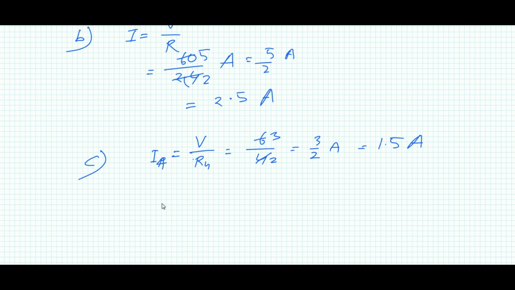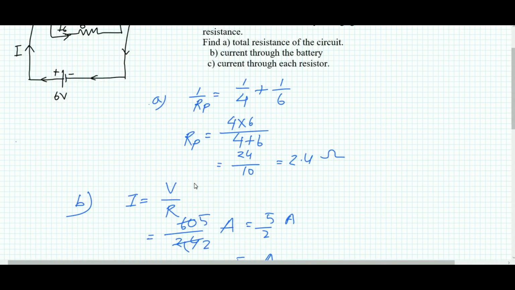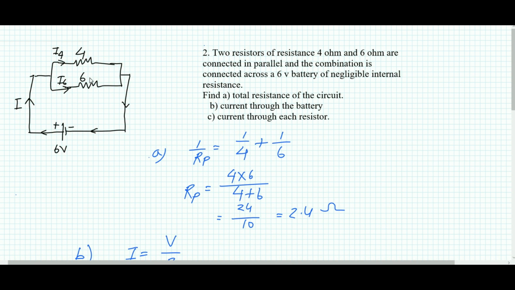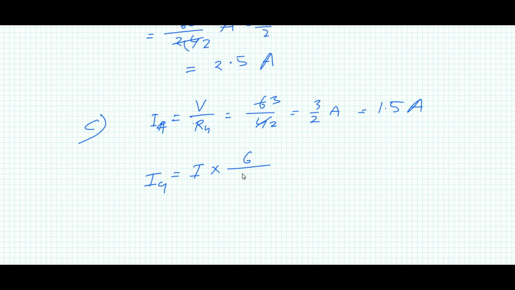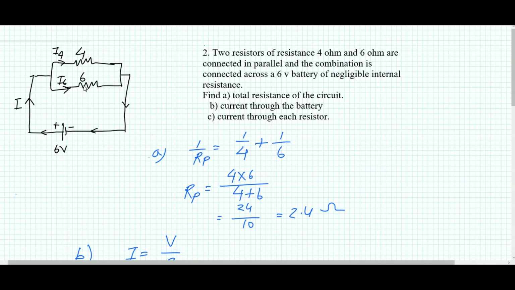This can also be calculated through the current division method. I4 can be written as the main current into 6 by 4 plus 6, that is, the resistance of the other arm divided by the total sum. This is the current across this.